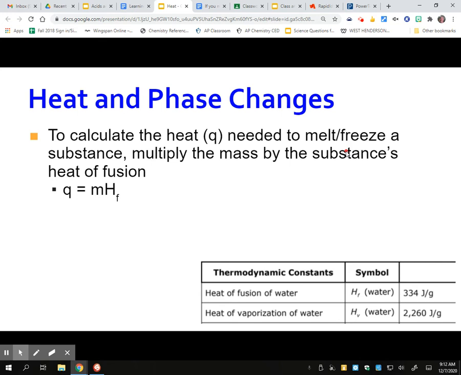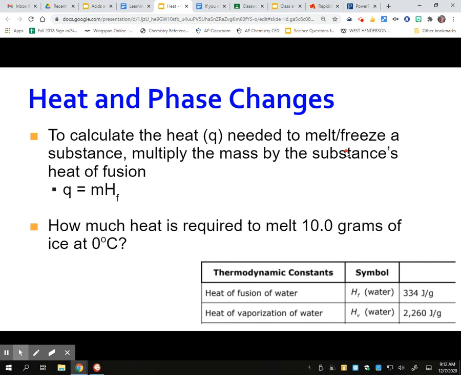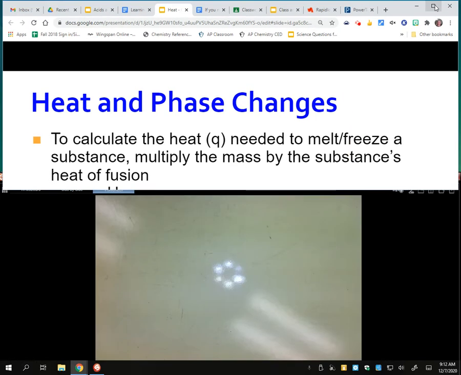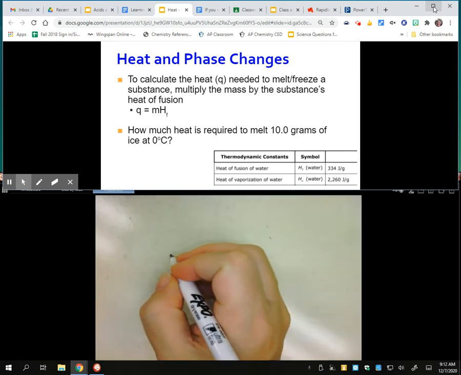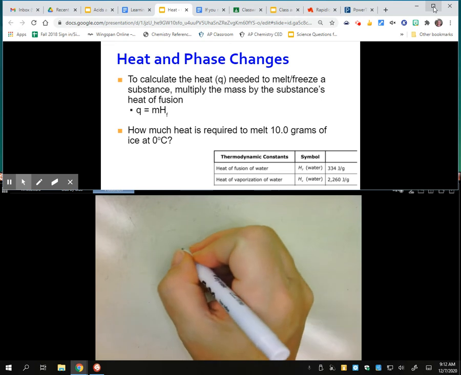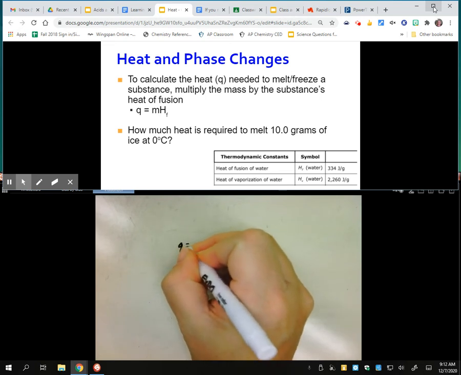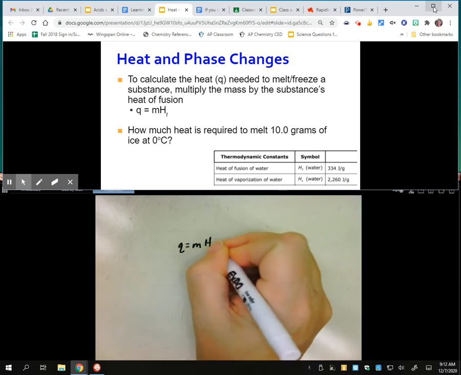All right, so how much heat is required to melt 10 grams of ice at 0 degrees C? These equations only work at a substance's melting point or freezing point. So Q equals MHF.